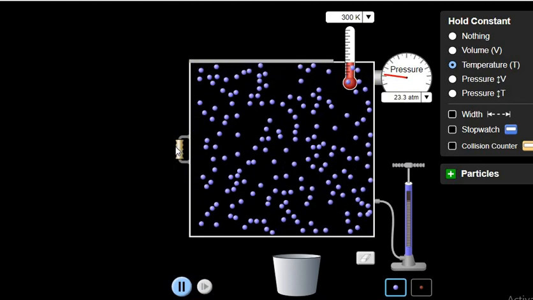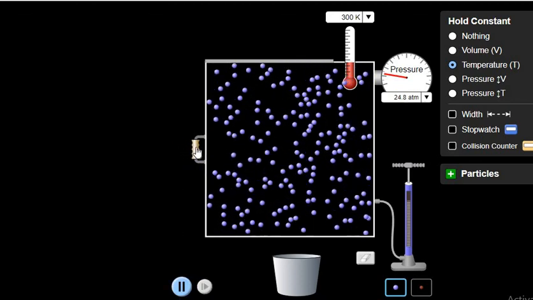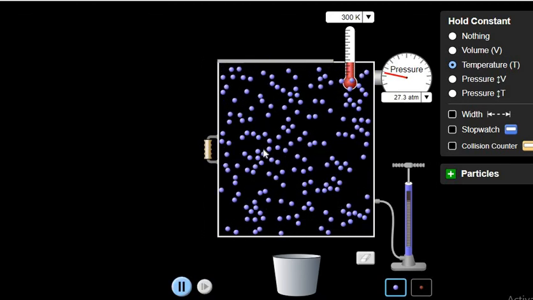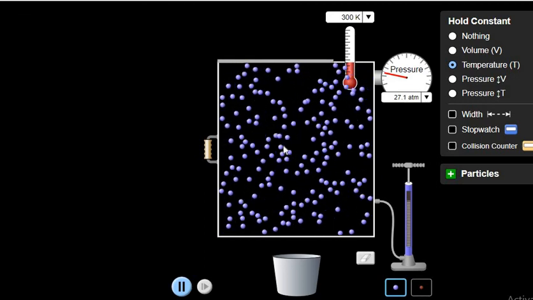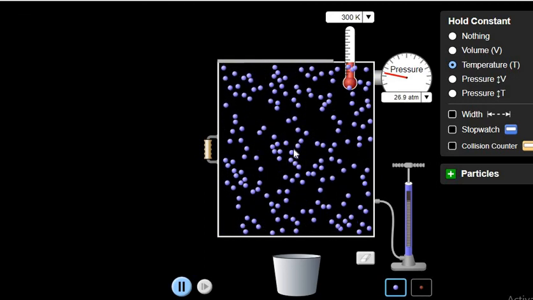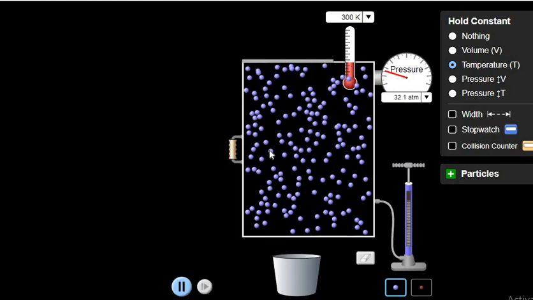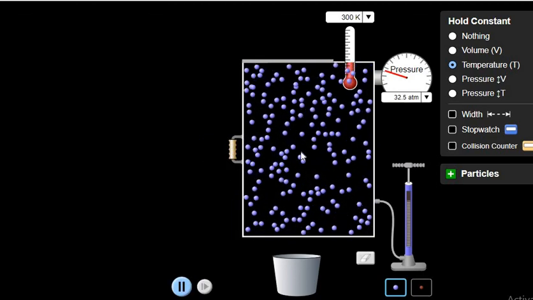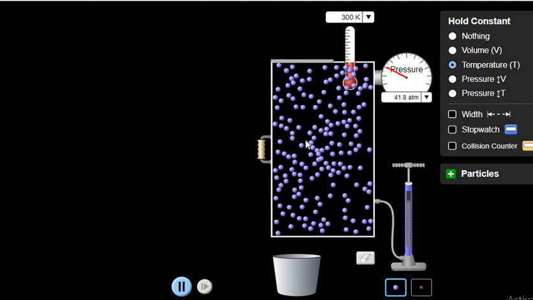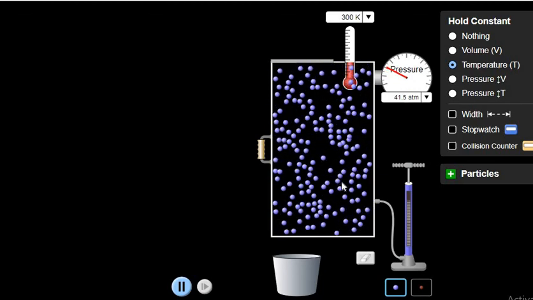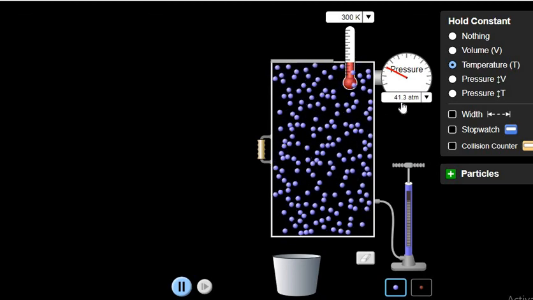Look at the volume. Look at the space between particles. What happened to the space between particles? What happened to the pressure?